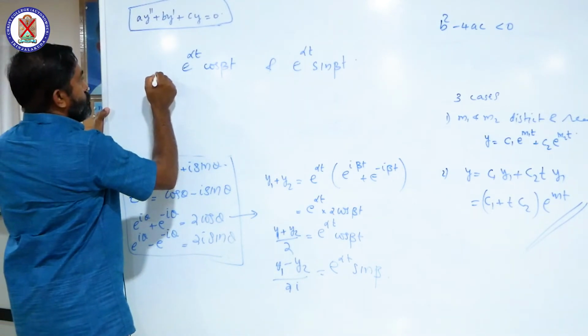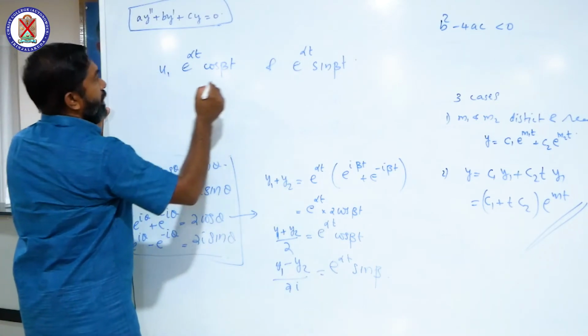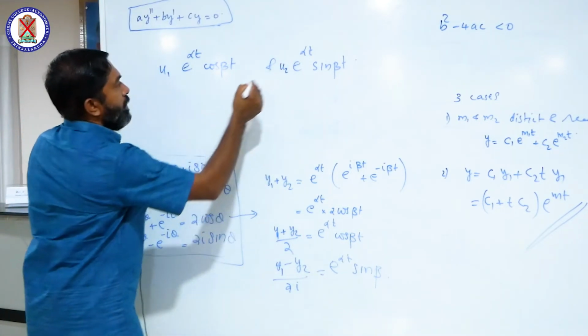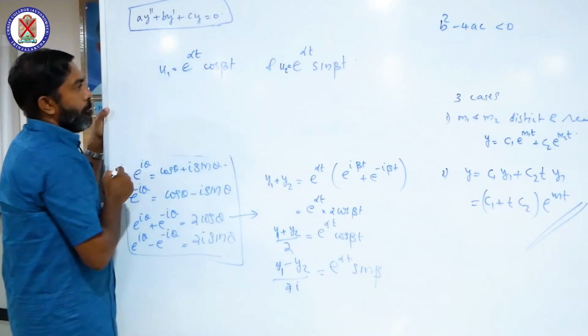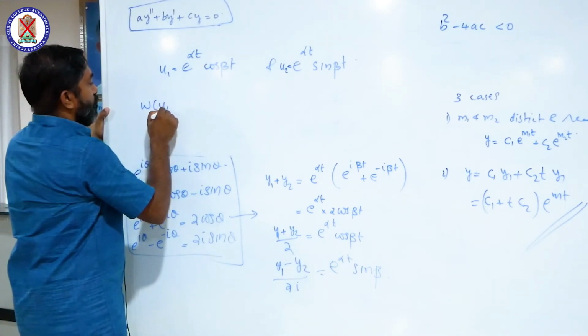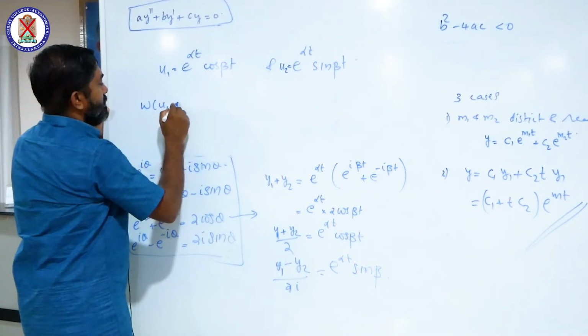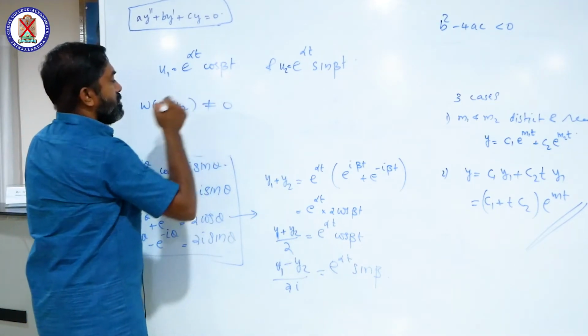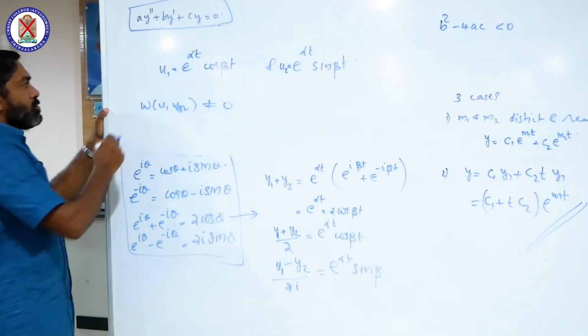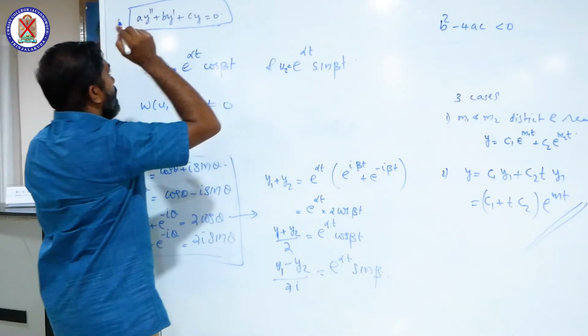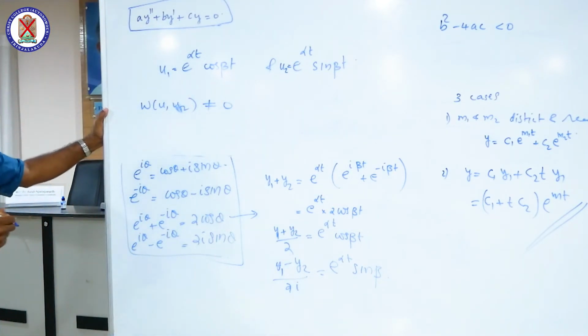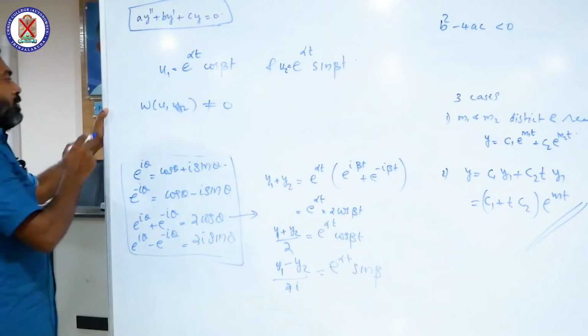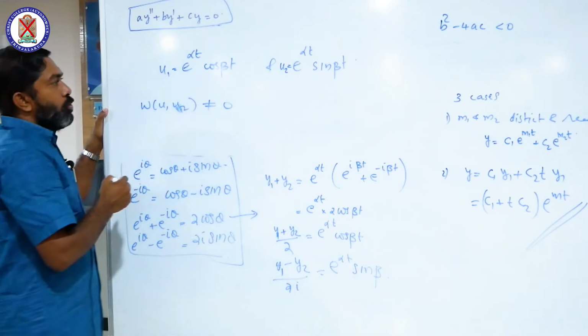I would like to call them u1 and u2. Okay, these are two solutions. So what will be the Wronskian of u1 and u2? Again, as in the same case, you can prove that this is not equal to 0. That means u1 and u2 are two solutions of the given differential equation such that the Wronskian of u1 and u2 is not equal to 0.